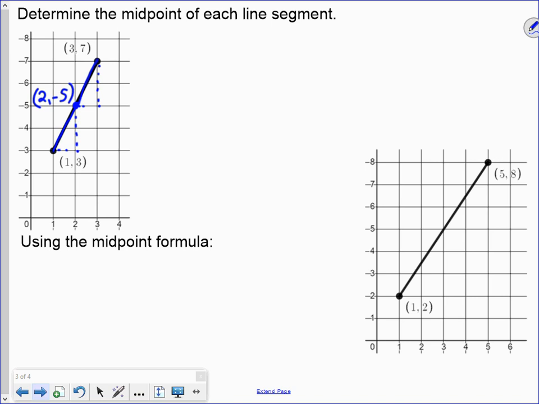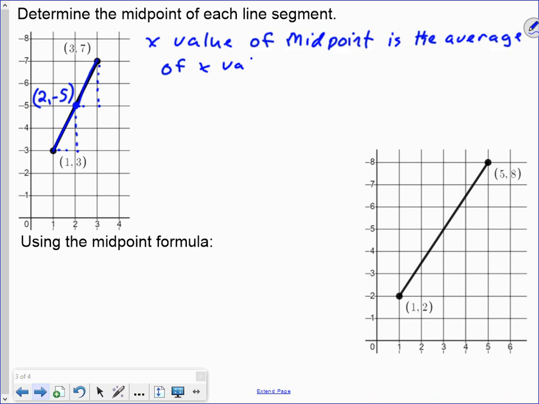So the x value of the midpoint is halfway in between, or it's the average of the x values of the endpoints.